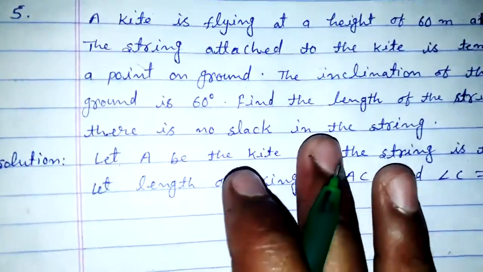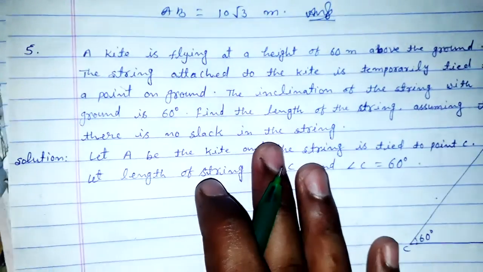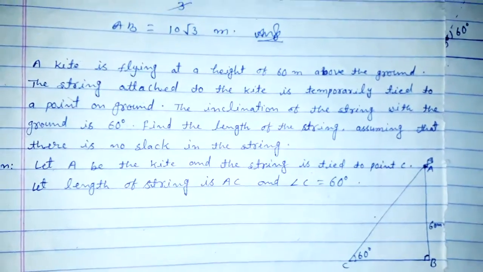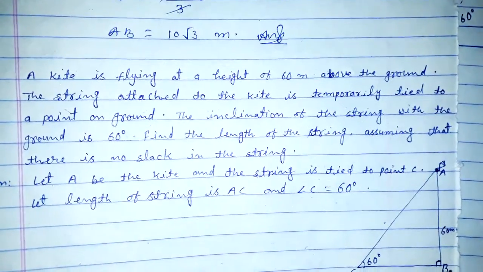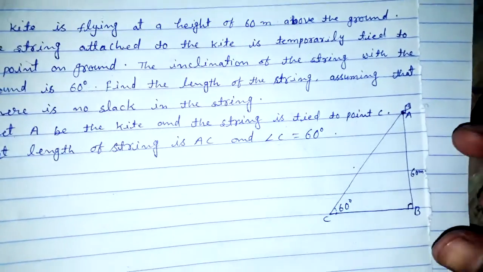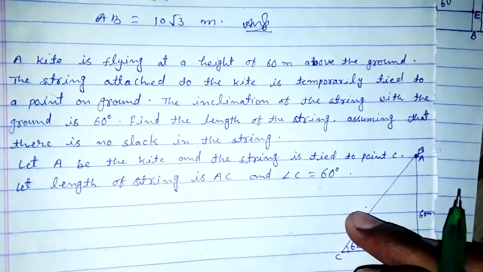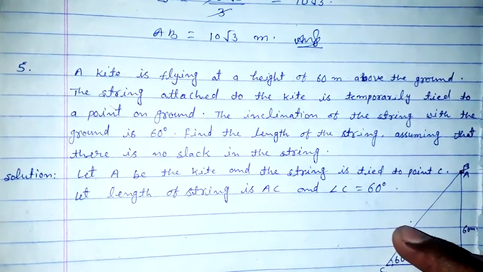Next question is the fifth question. The fifth question is: a kite is flying at a height of 60 meter. Here the kite is flying at the height of 60 meter above the ground.